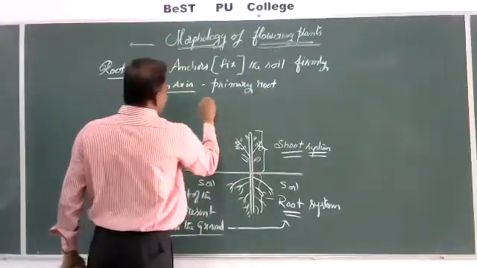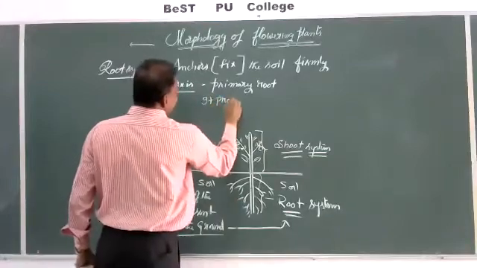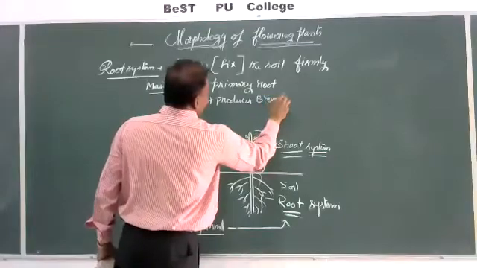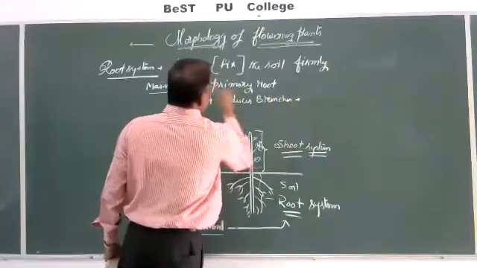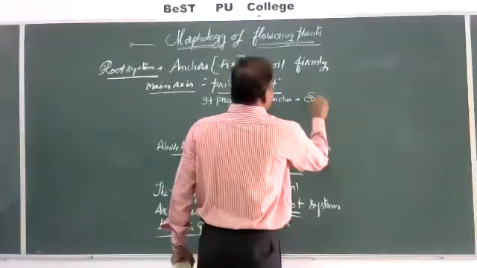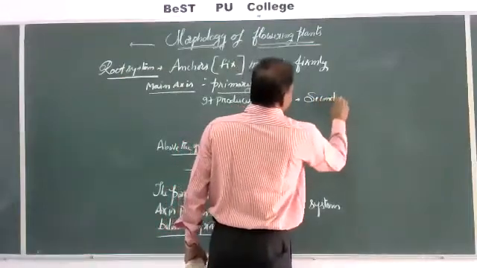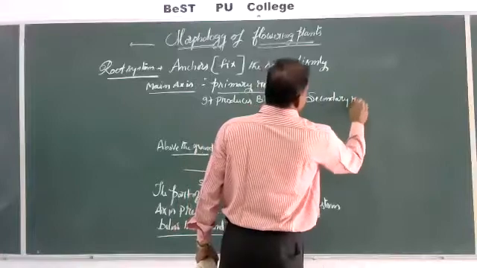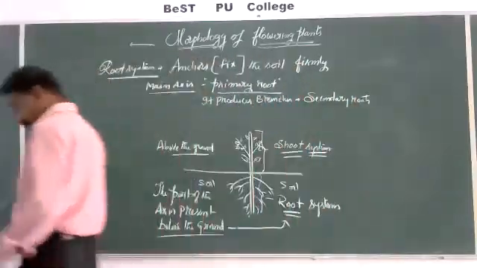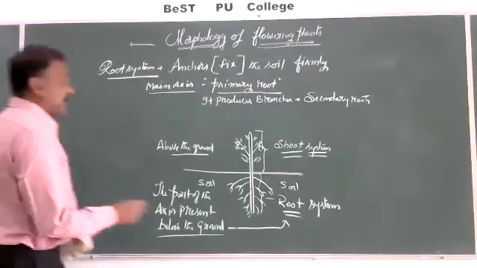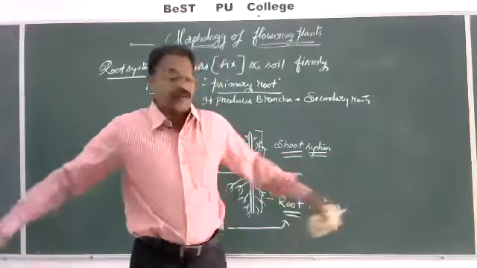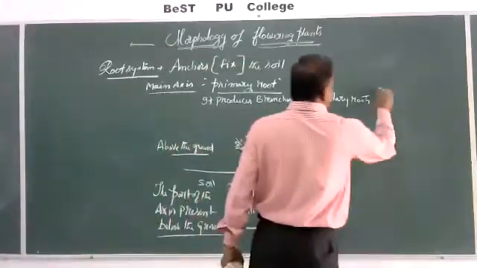It produces branches which are called secondary roots. These secondary roots are at the lateral side of the primary. They are called lateral roots.